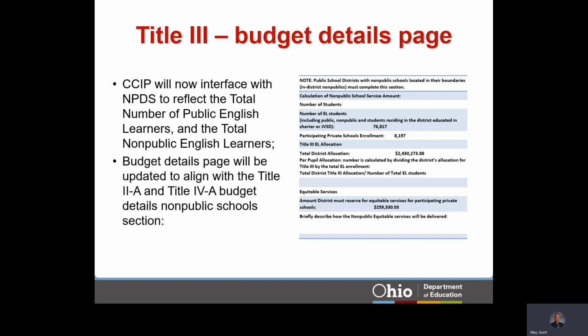Title III pages have now been updated in the CCIP to interface with NPDS to reflect the non-public EL numbers reported and verified by public school districts in NPDS. Budget details page has also been updated to align with the Title II and Title IV budget details page.